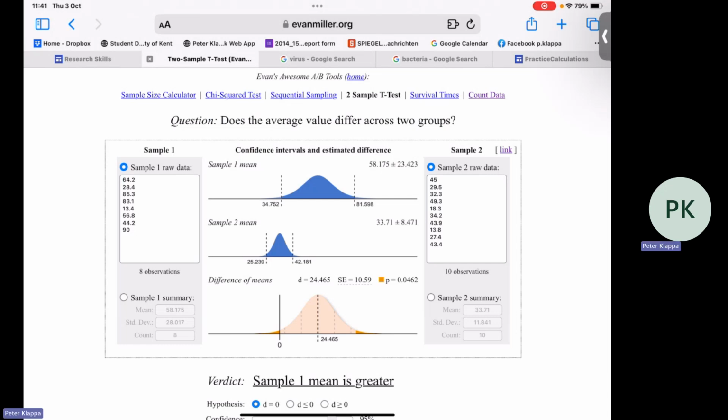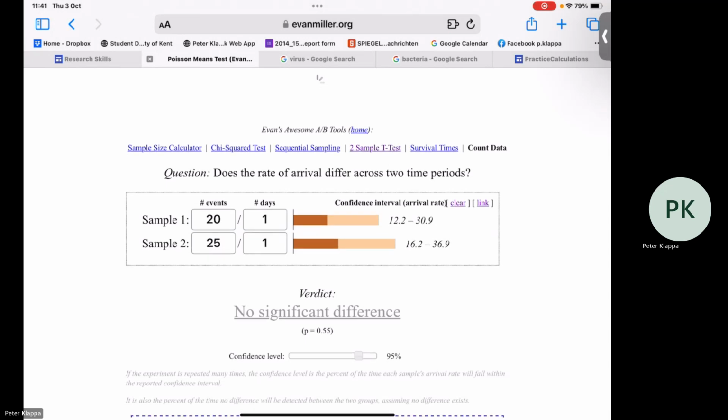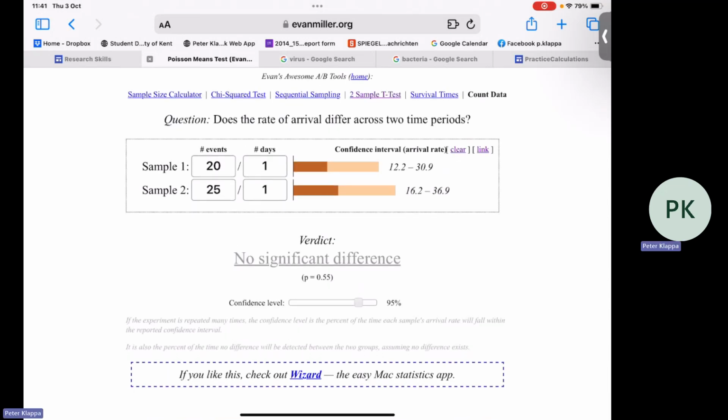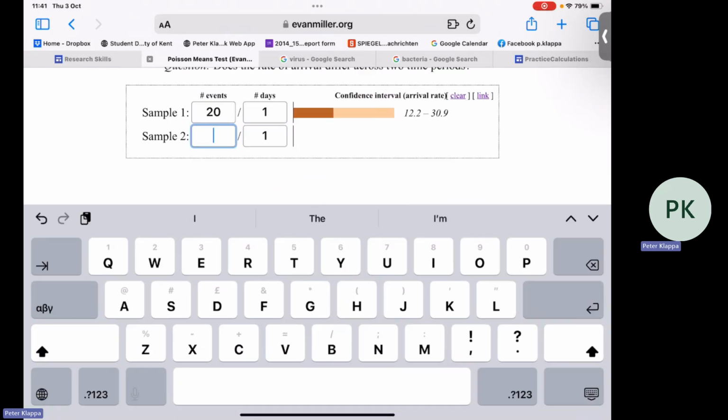Yeah, I know that the microphone is turned off. All you need to do is go to count data.